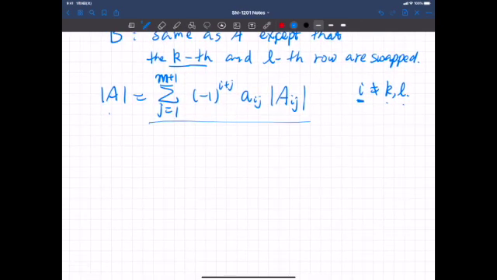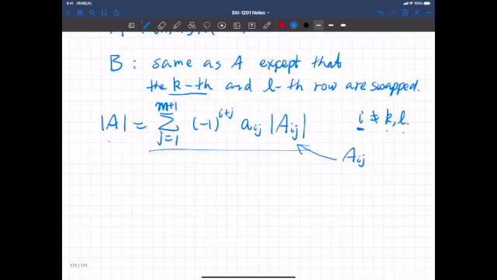So therefore, this part, this A_ij matrix, is obtained from A by removing the ith row and the jth column of A, right? So this is an m by m matrix.